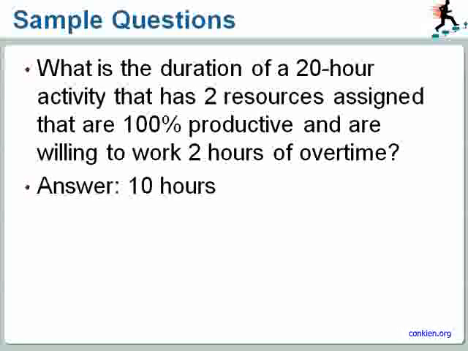The 2 hours of overtime here have nothing to do with the duration. It takes 20 hours of actual time of executing this particular task. It doesn't matter whether this is regular time or overtime. It'll take them 10 hours, period.